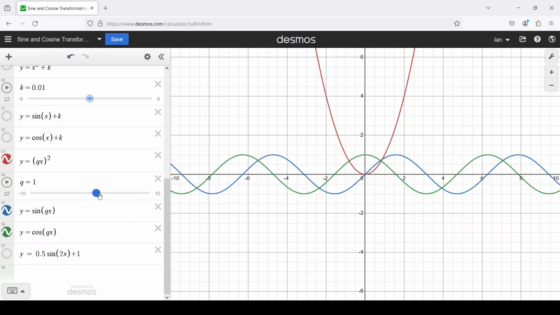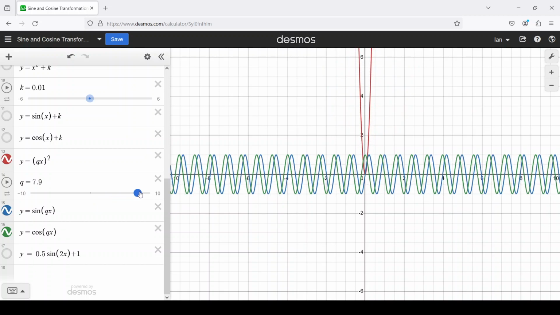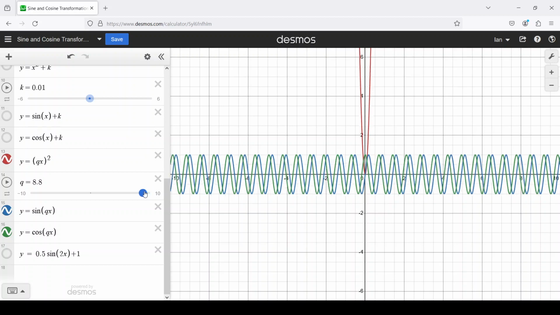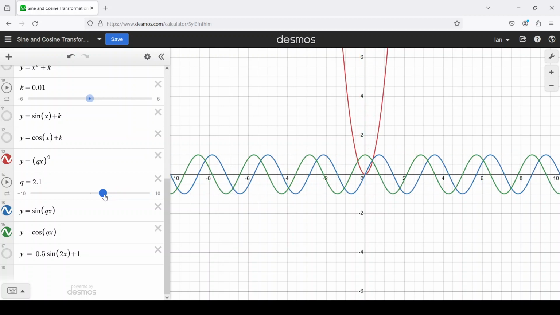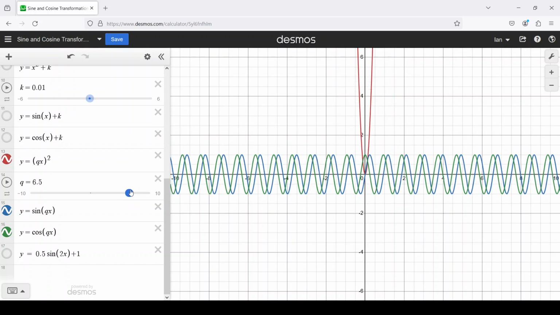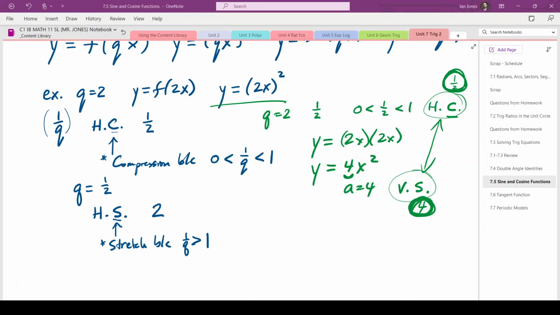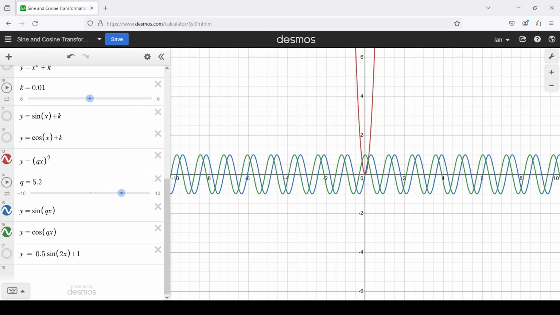So as q gets bigger, these sine and cosine curves are going to have a shorter and shorter period. It's horizontally compressed. Okay. Now notice, in this case, this is not the same as a vertical stretch. As I say, the equivalence between horizontal compression and vertical stretch depends on the function. And in the case of trig functions, they are not equivalent. Okay, so here we have horizontal compression.